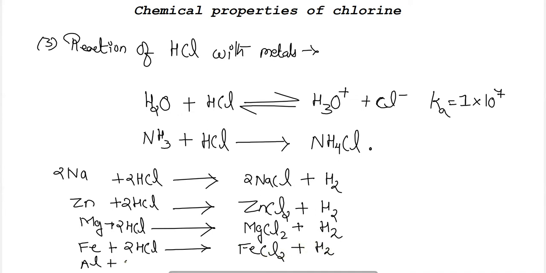Similarly, aluminium reacts with HCl to produce 2AlCl3 with 3H2 gas. Okay, so this is the reaction of HCl with metals. It forms the salt with the metals, and hydrogen gas is released when it reacts with metals.